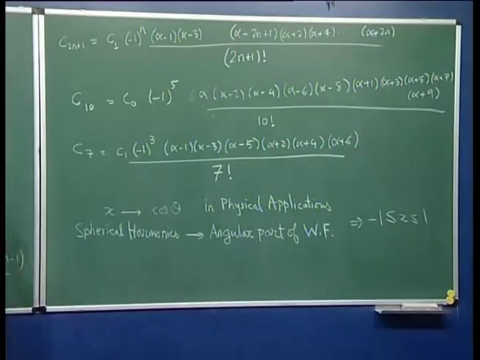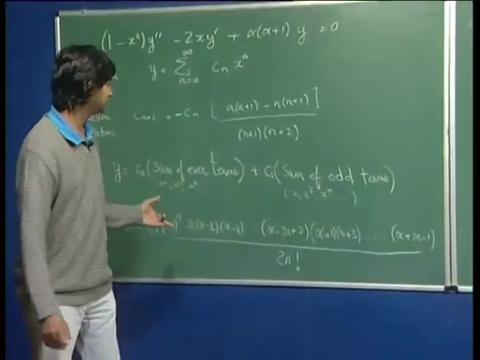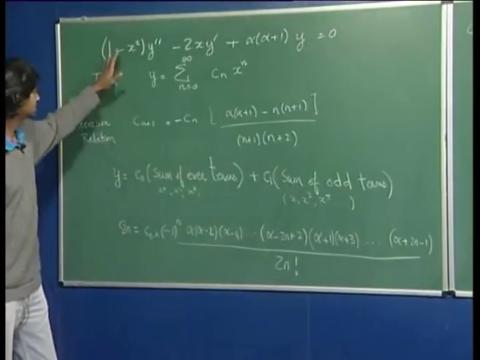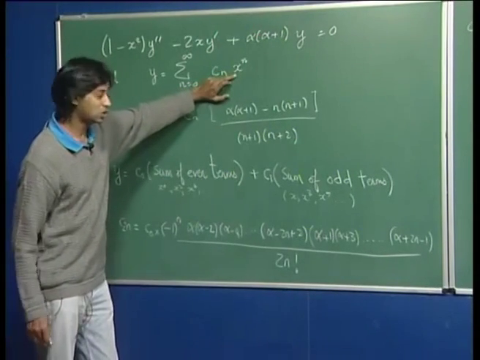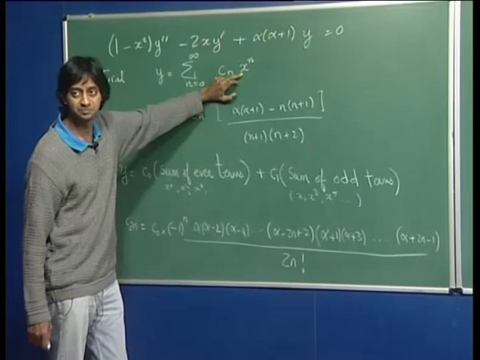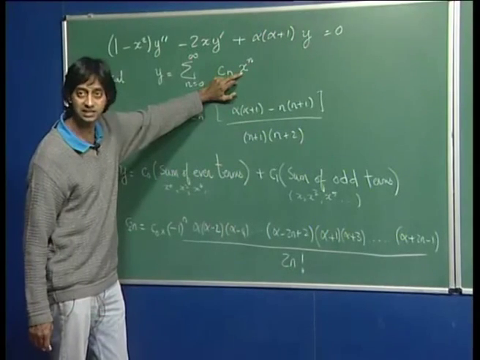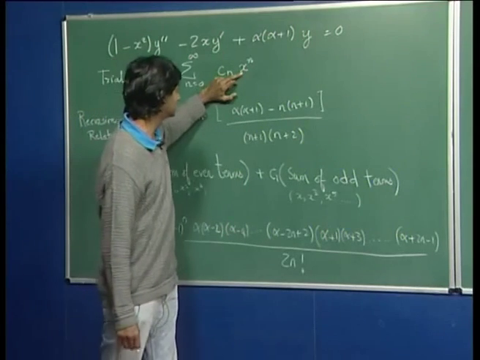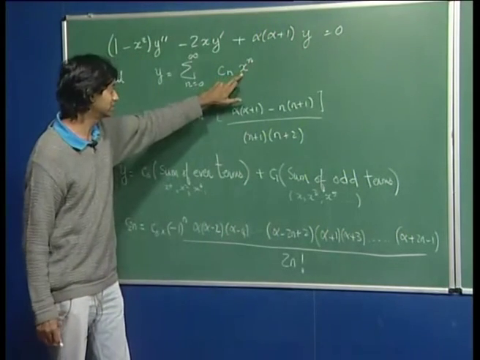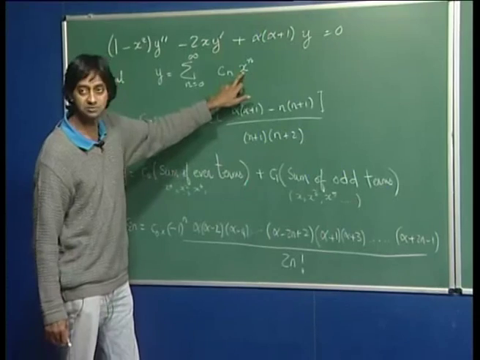Okay. And if x goes between -1 and +1, so long as x is strictly less than 1, or rather strictly greater than -1, then this series will converge.